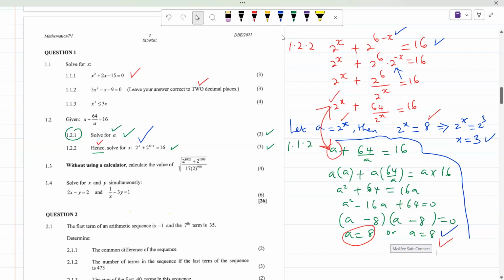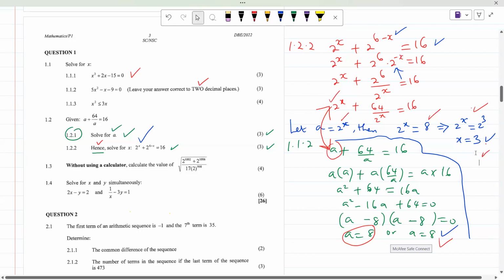Right, 8 is 2 to the power what? 2 to the power 3. Which means that when the bases are the same, we equate the exponents, or we equate the indices. Meaning that x is equal to what? x is equal to 3. So it follows therefore that x is 3, as it was to be found.